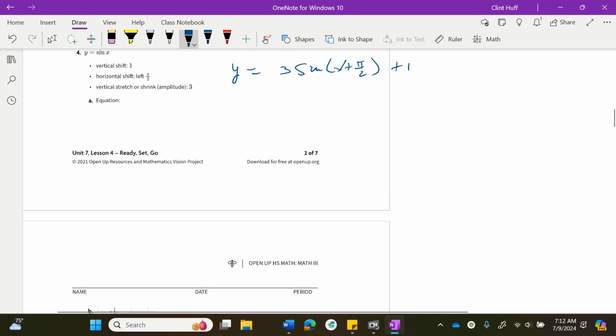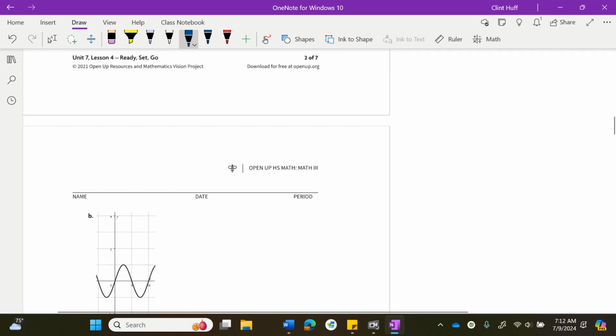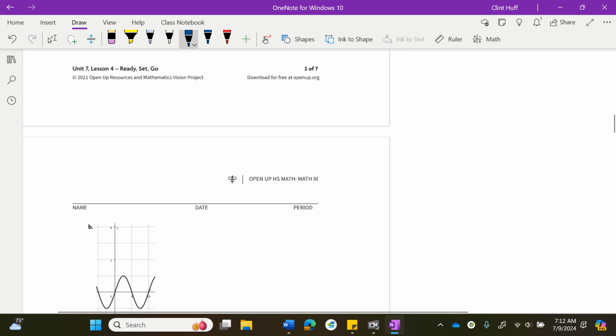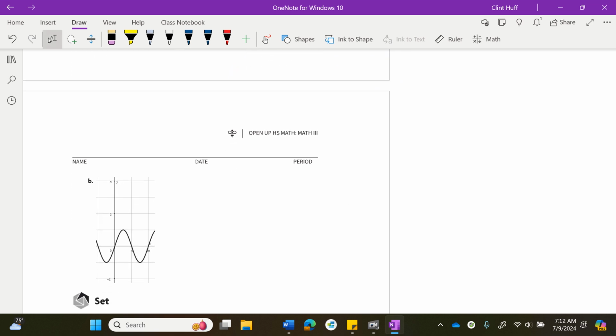So I guess this is our graph down here, 4A and B. So we're going to shift back to pi over 2, which I guess is right there. And then our amplitude is going to be 3, so we're going to reach way up here to 4.